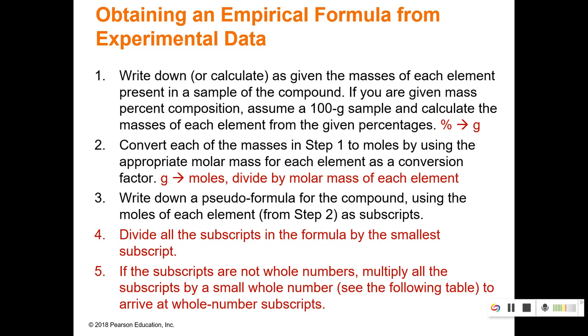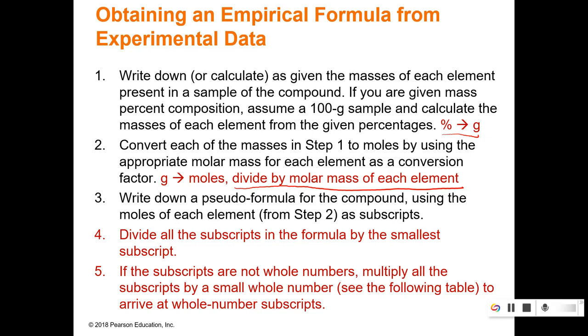Okay, so here are our steps. I do suggest you pause here if you're watching at home so you can make sure you get them down. Step 1 is percent to grams. All you do is take the percent sign off and put the gram sign on. Step 2 is grams to moles, so you divide by the molar mass of each element to get moles.